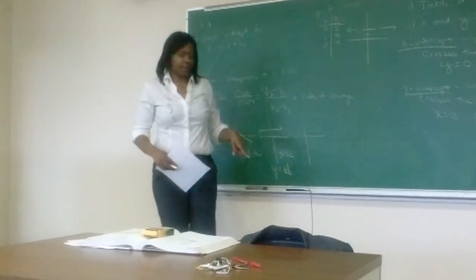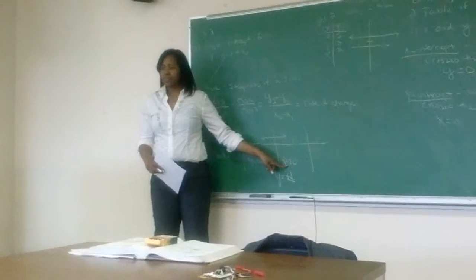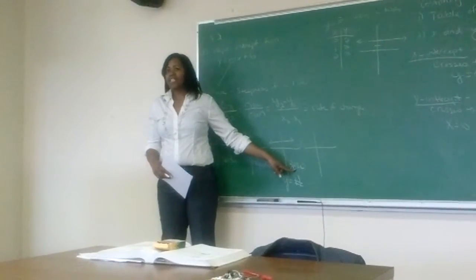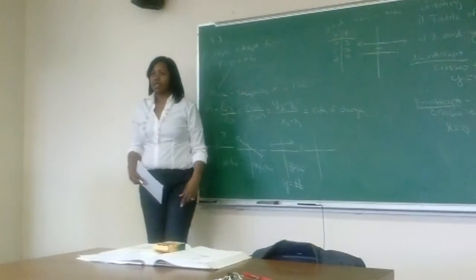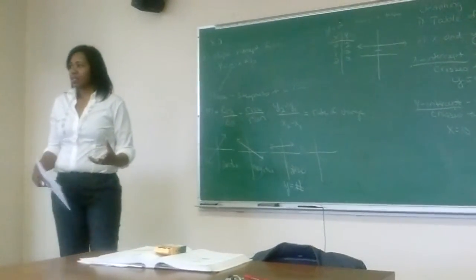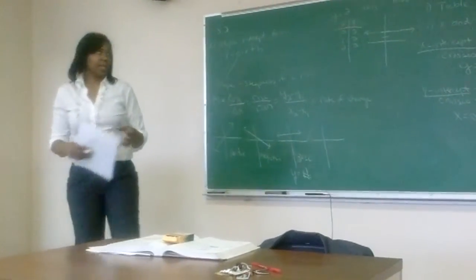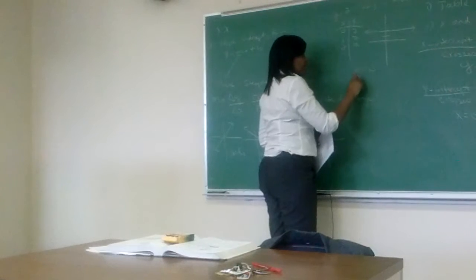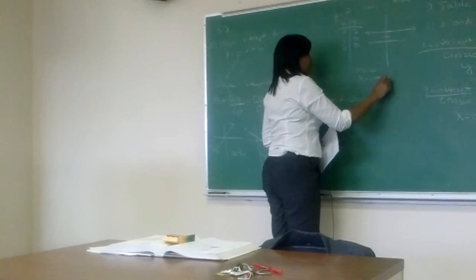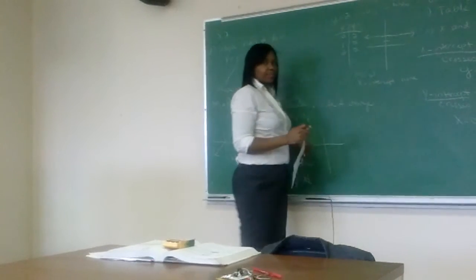And the slope is what? 0. Okay? The slope is 0. Let me ask you, does it have an x-intercept there? No. That graph never crosses the x-axis. So the x-intercept is none. We don't have one.